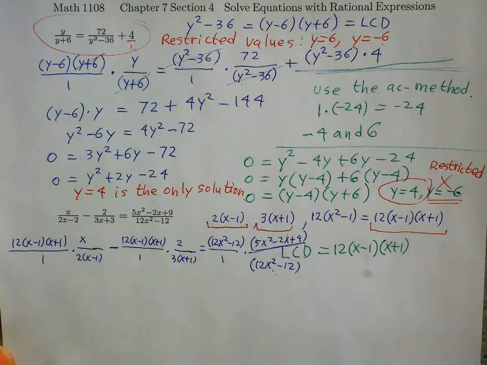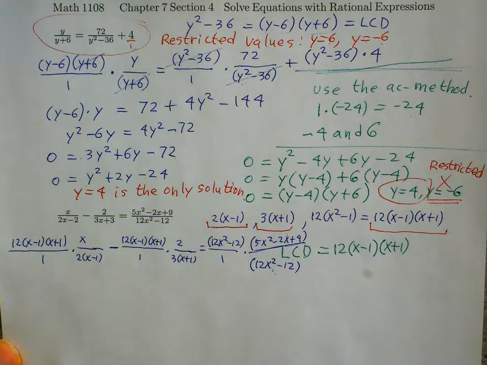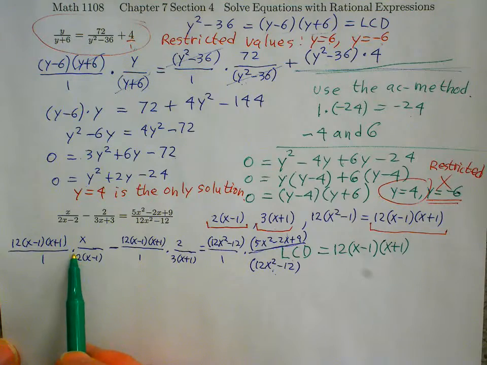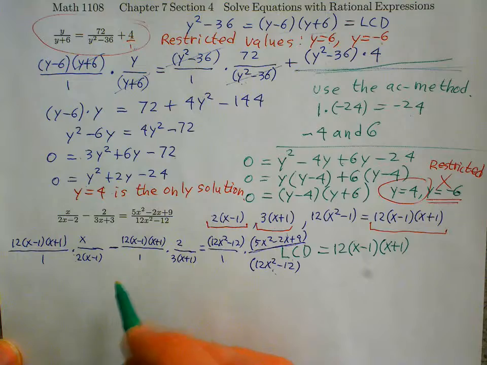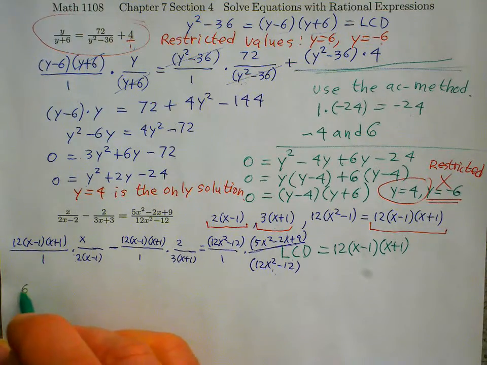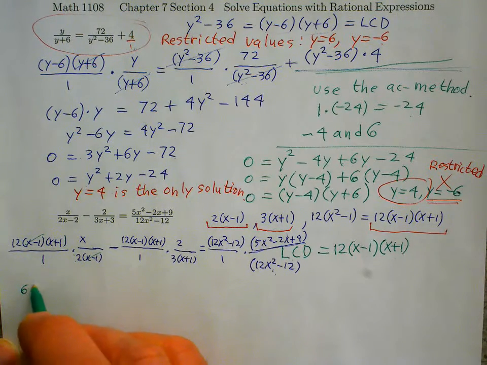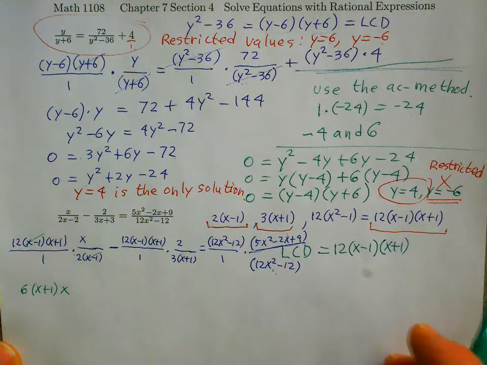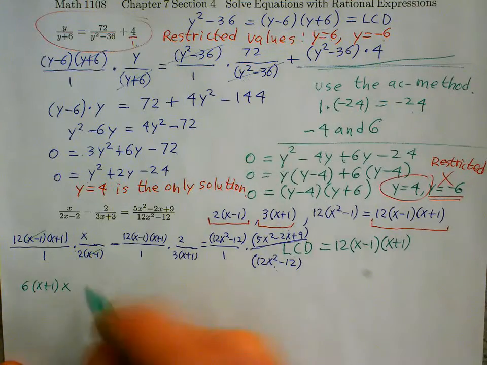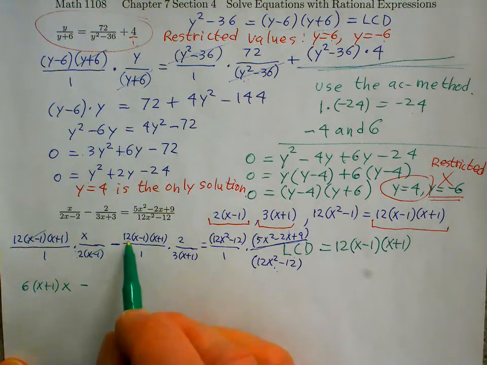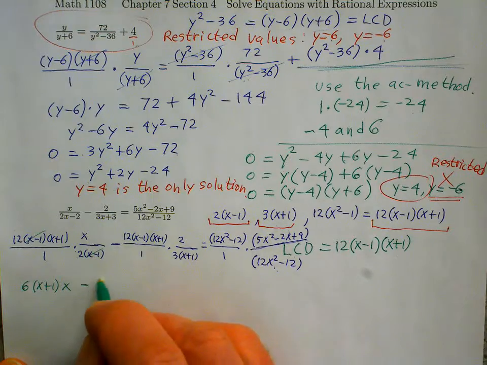It's not too bad. Okay, we get cancellations in each of those. So in this first product, 12 divided by 2 is 6. X minus 1 divided by x minus 1 cancels, and then we have x plus 1 times x left. And then we're subtracting another product. Okay, in this one, 12 divided by 3 is 4.